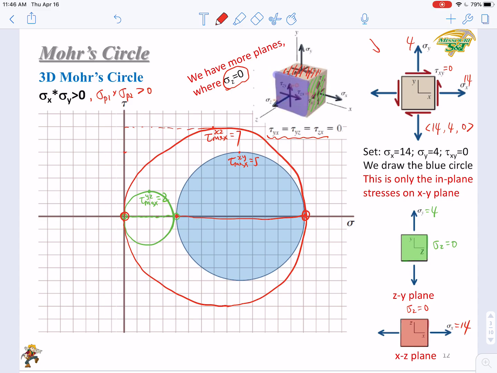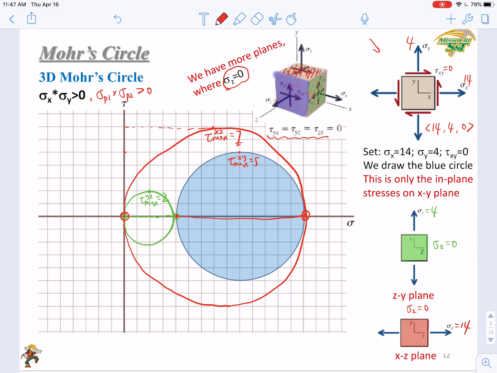But if you're looking at the absolute maximum shear stress, you should draw 3 Mohr circles, a 3D Mohr circle. Then you can analyze that. In this scenario, the maximum value is 7. This is only valid in this scenario where sigma p1 times sigma p2 is larger than 0, meaning that they are both positive or both negative.